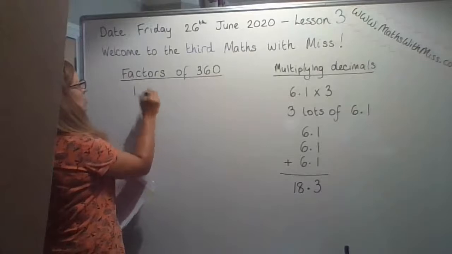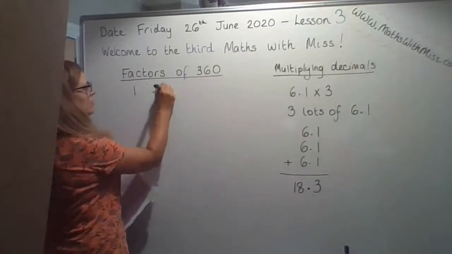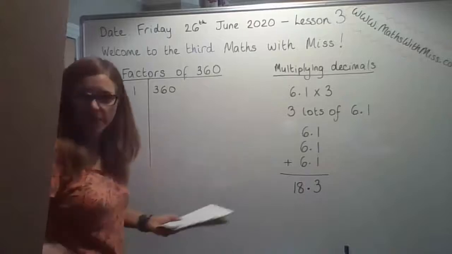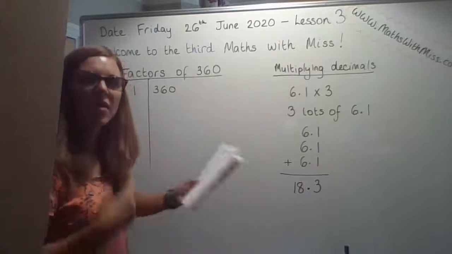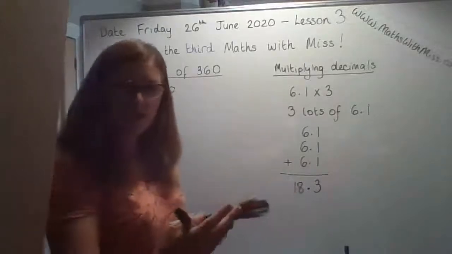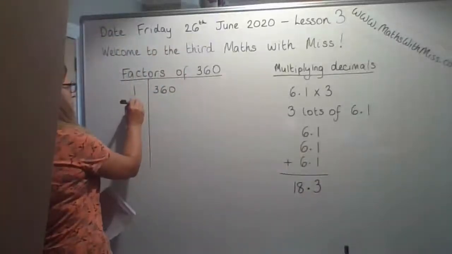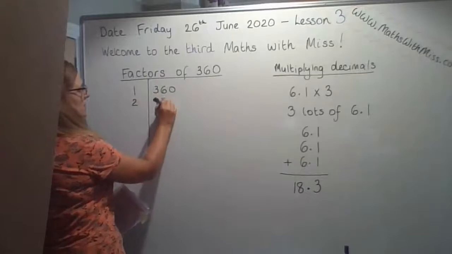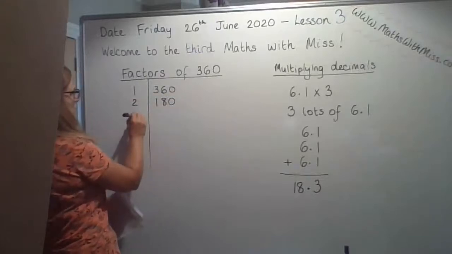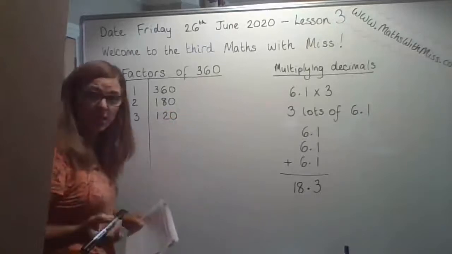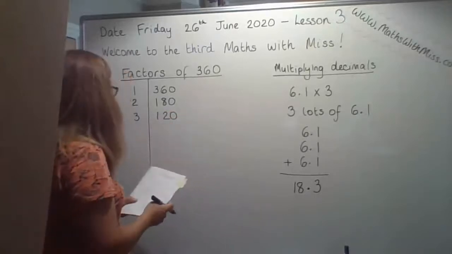So we're going to have 1 and we're going to have 360. Because 1 multiplied by 360 is 360. And then we go through it in a really organised, sequential way. So then we say, well, 2 would be 180. 3 would be 120. 3 multiplied by 120 is 360.